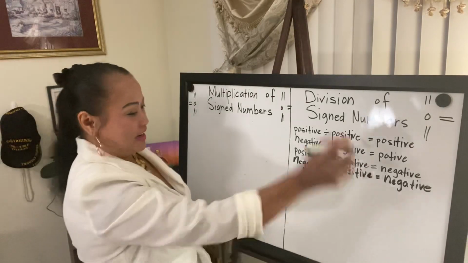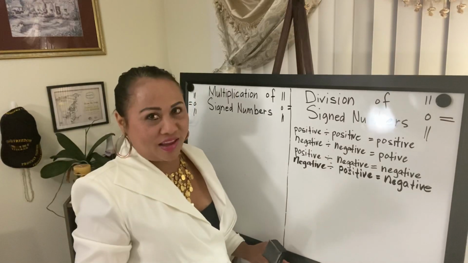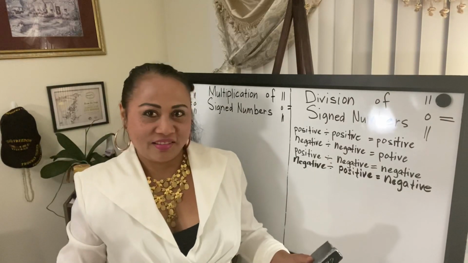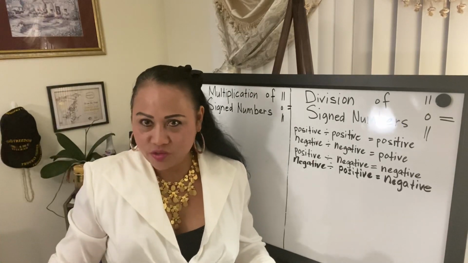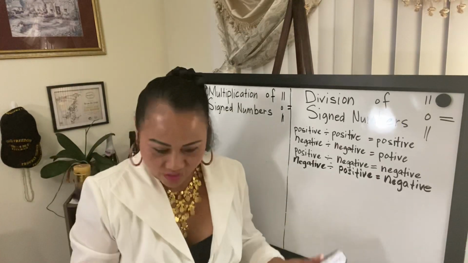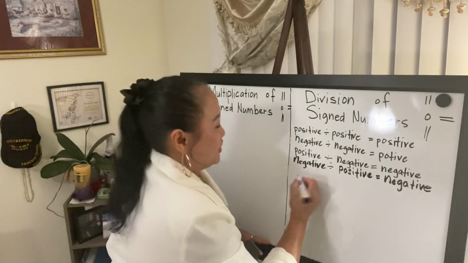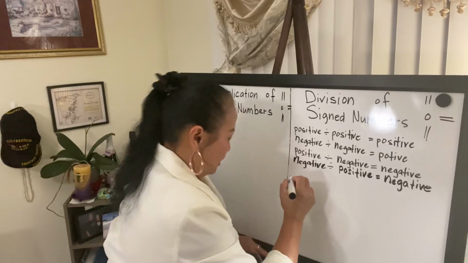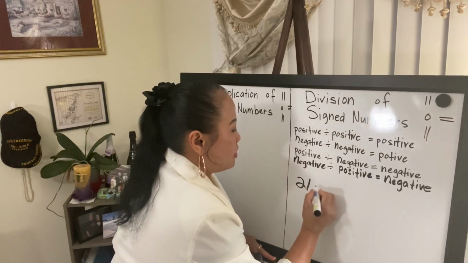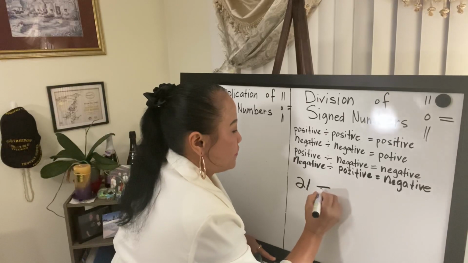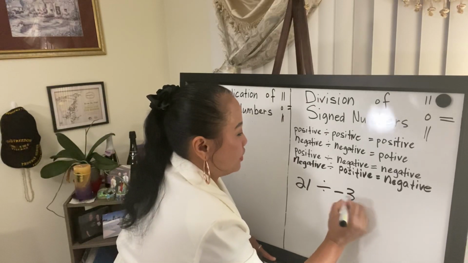Okay, another example. Listen carefully so you will understand, and after that, you will get our lesson perfectly. Okay. So, let's say 21 divided by negative 3.